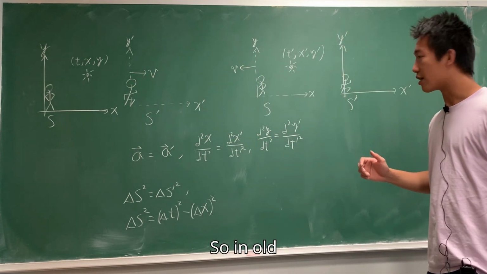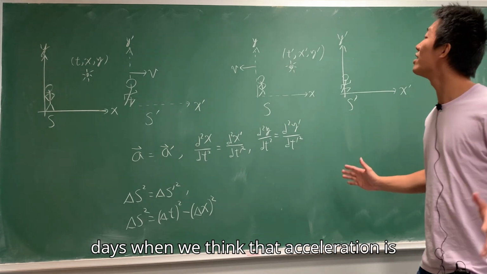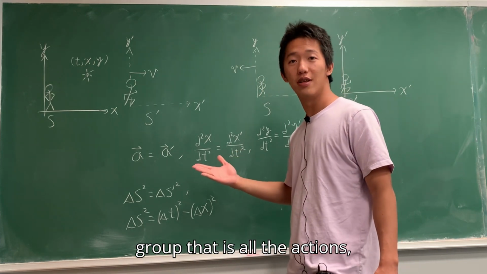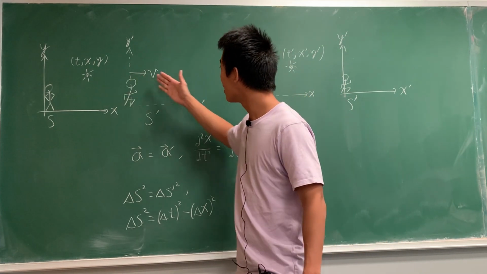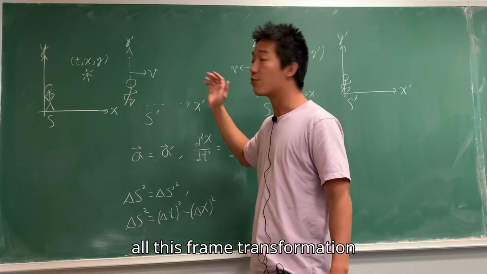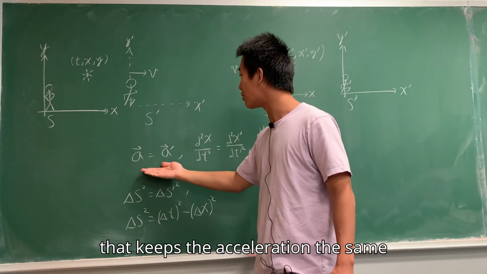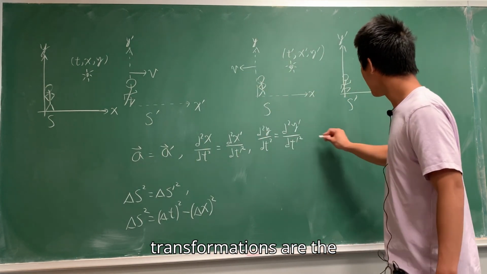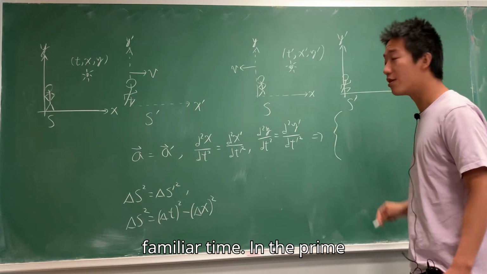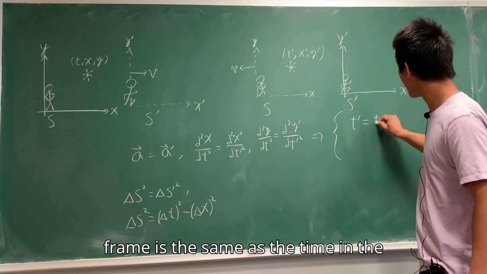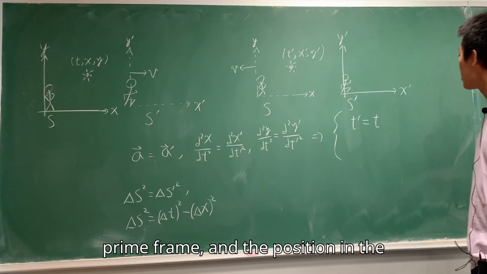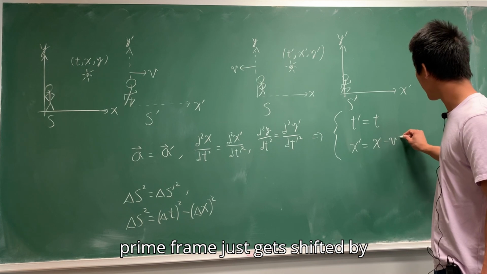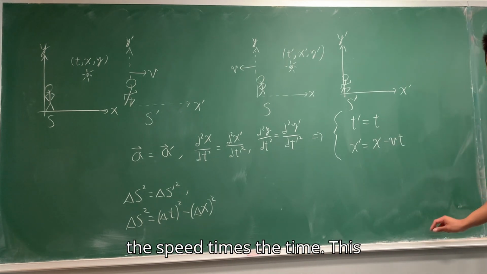So, in the old days, when we thought that acceleration is the same, we can define a group that is all the actions, all this frame transformation that keeps the acceleration the same across different frames. Those transformations are the familiar: the time in the prime frame is the same as the time, and the position in the prime frame just gets shifted by the speed times the time.